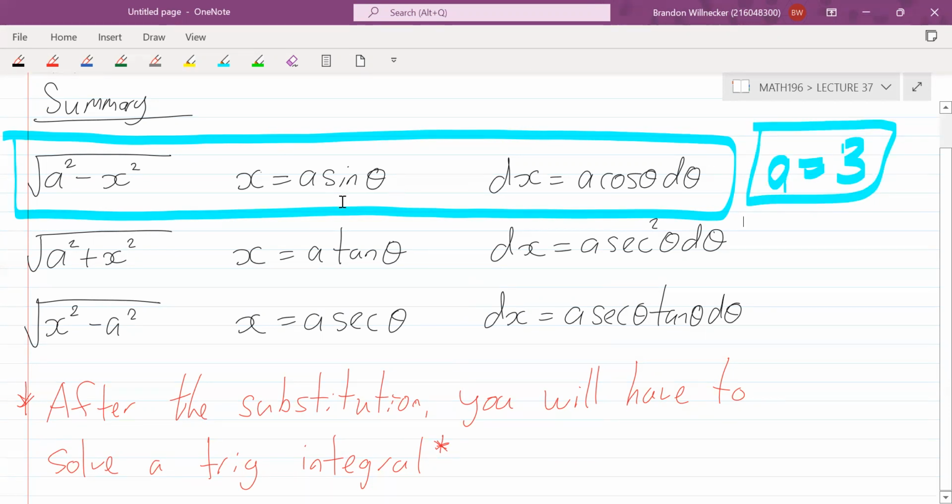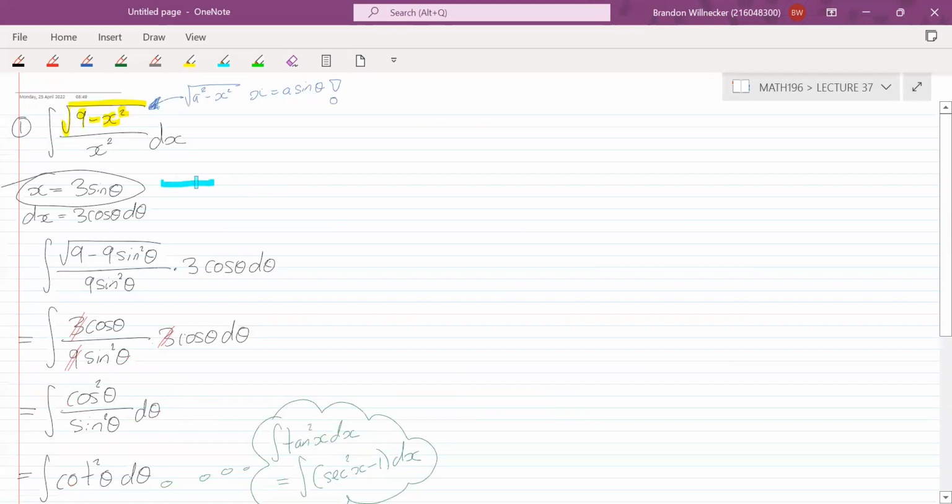Okay, so this tells us what substitution to make. x is equal to a sine theta, but we said a was 3. So x is equal to 3 sine theta. We go back here. That's the substitution we make here. Once we make that substitution, everything then turns into a trig function.